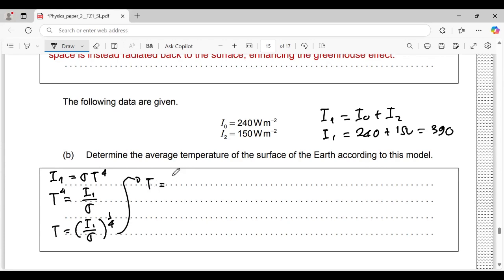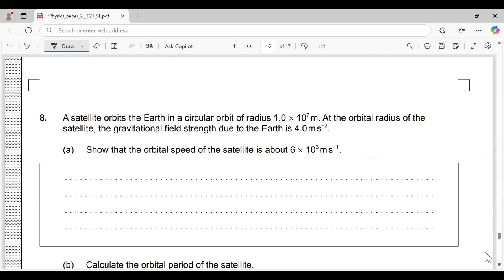So T equals 390 over 5.67 times 10 to the power minus 8, to the power 1 over 4. The result is about 2.8 times 10 squared Kelvin. The unit of temperature is Kelvin. You may calculate this to make sure.